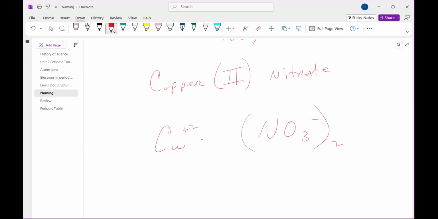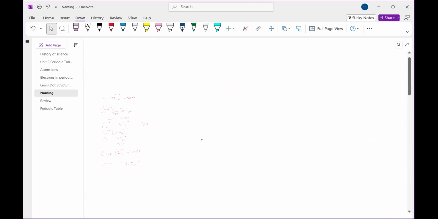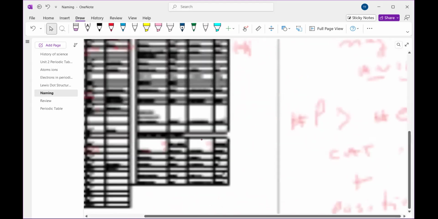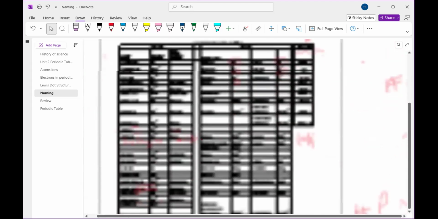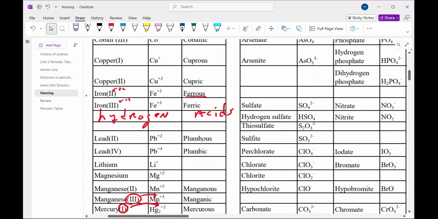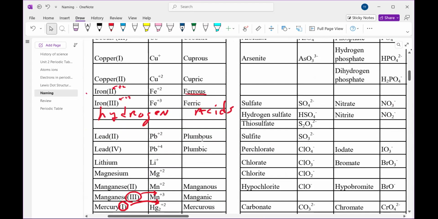Now, if you notice on the common ion chart, there's another name for copper 2 called cupric. Yeah. So just go back to that, for the NO3.